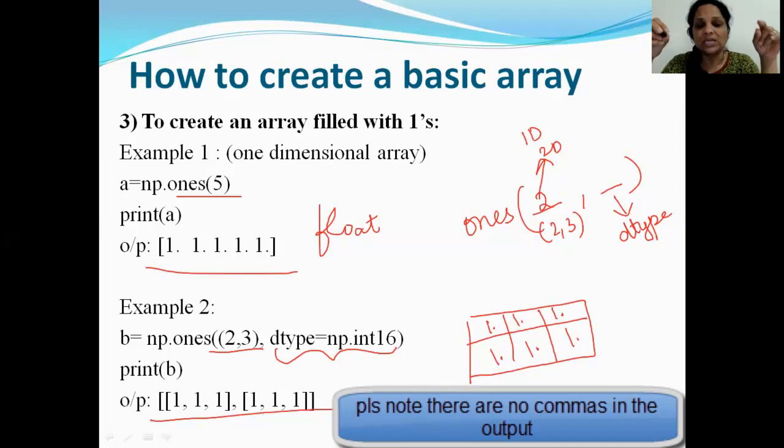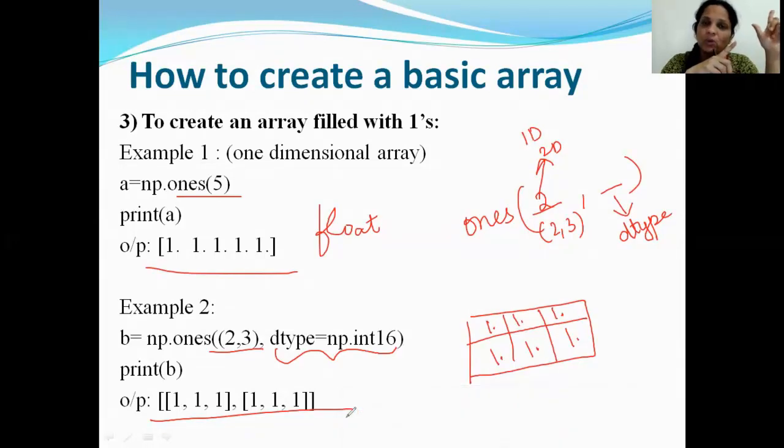Now you have seen, I've written there np.int16. You could have written np.int8, np.int64, np.int32, or np.int_. That's up to you. Recollect what we learned in the previous video. Are you planning to store big numbers or small numbers?